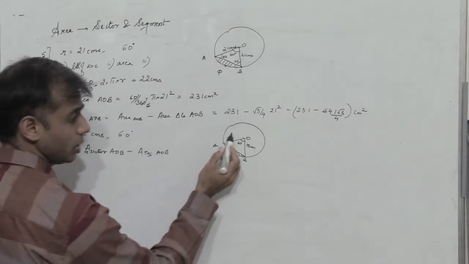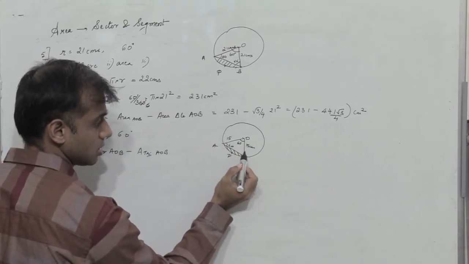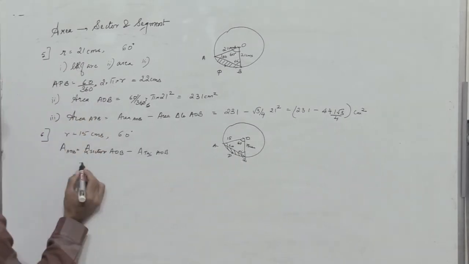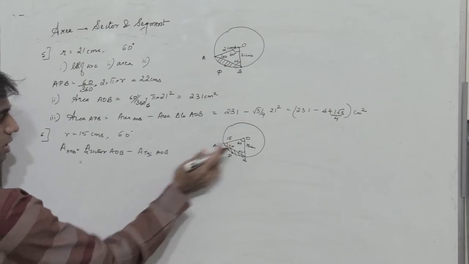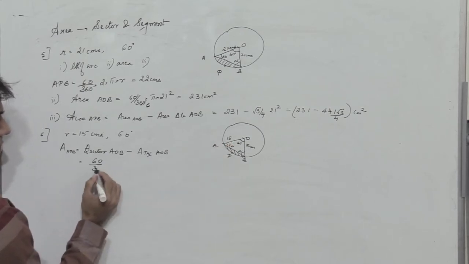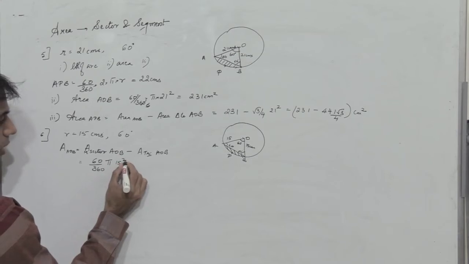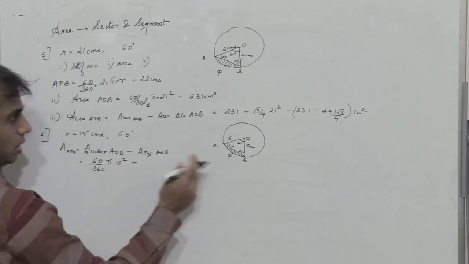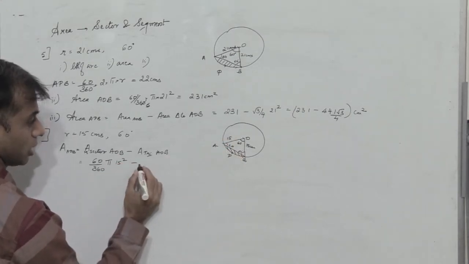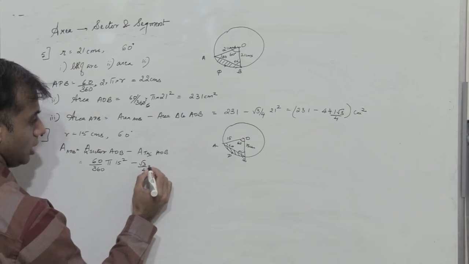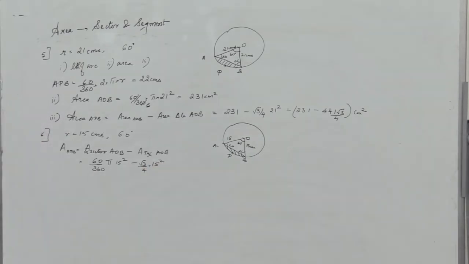So again this is an equilateral triangle, so the angles are 60. So the area of the minor sector is, the angle is of course 60 by 360 into pi r squared, r is 15, minus the area of this equilateral triangle, which is root 3 by 4 into 15 squared.